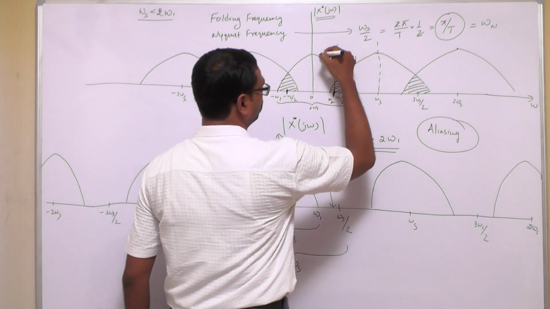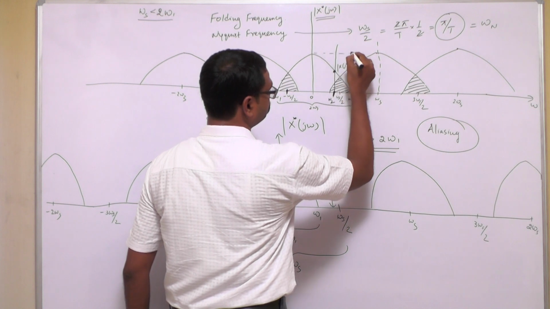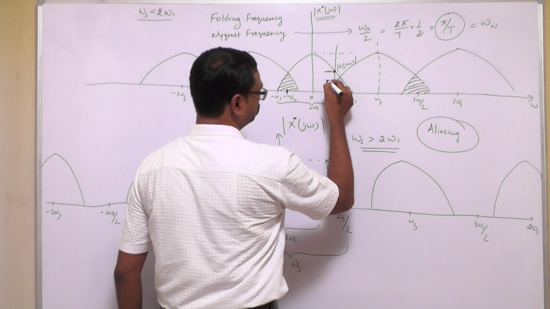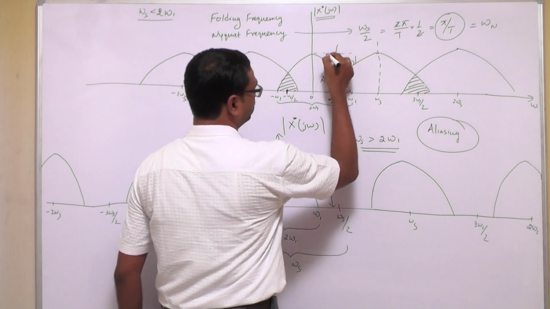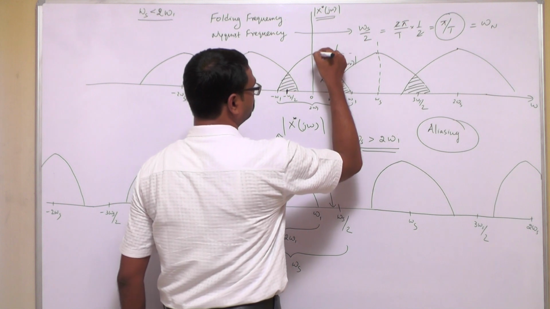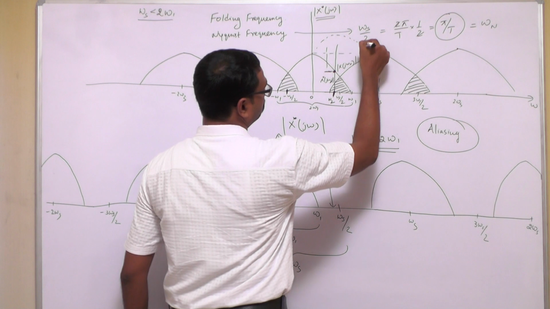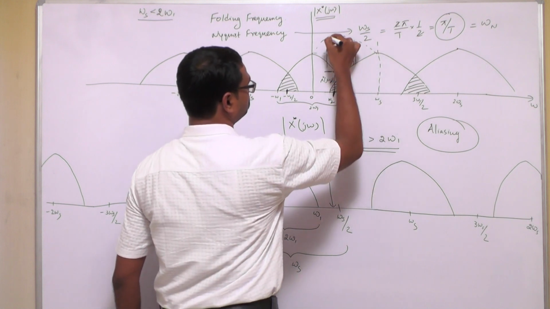You will have one more signal, and this should be the value X star of j omega 2. You have one more signal like this, which is this condition.